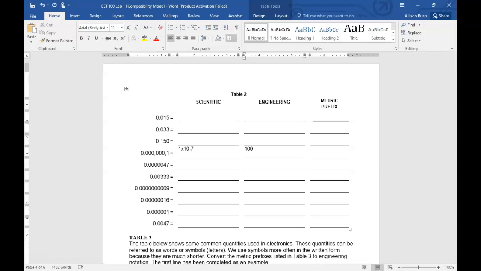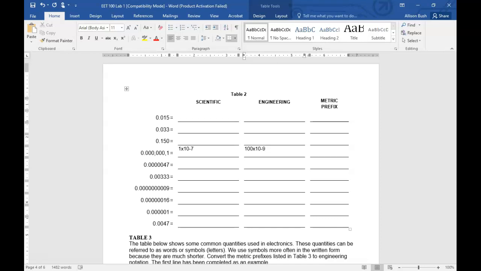100 times 10 to the negative 9. Makes it a lot easier whenever you add those commas in there, doesn't it? Why? Because you can already see where your groups of 3 are.